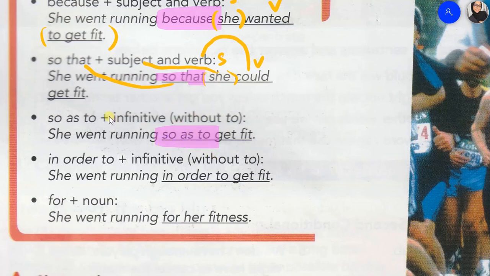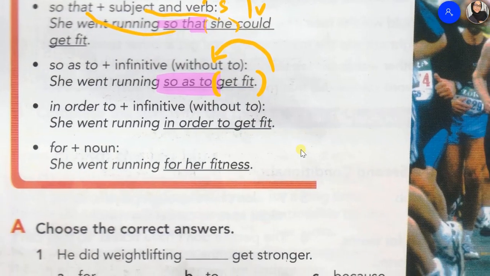So as to followed by infinitive without to. This is the infinitive without to. Notice there's no to because so as to already has to. We cannot add double to. So as to to get fit. No, it cannot be like that, right?